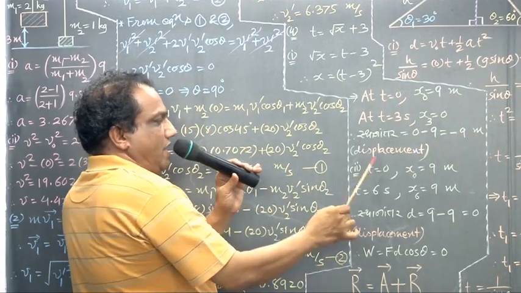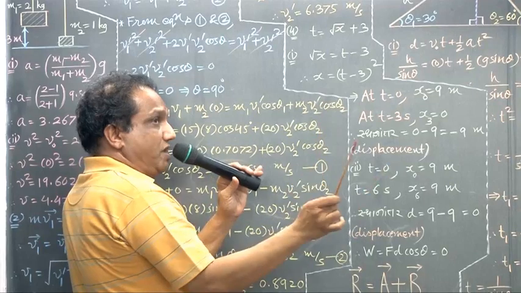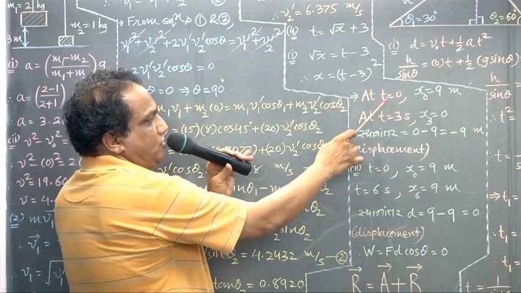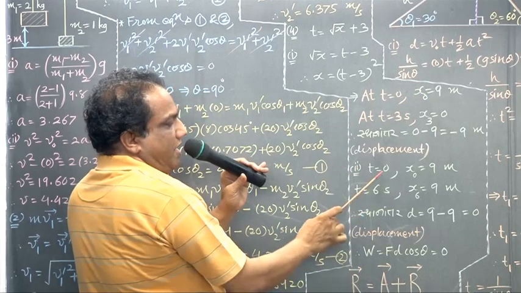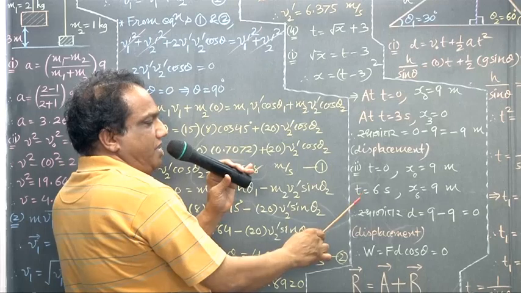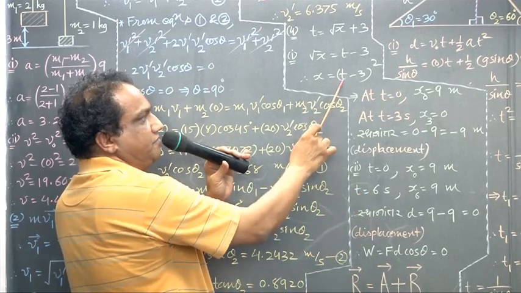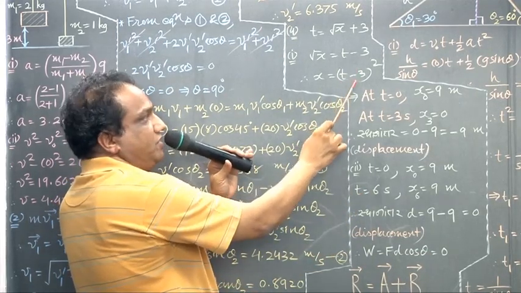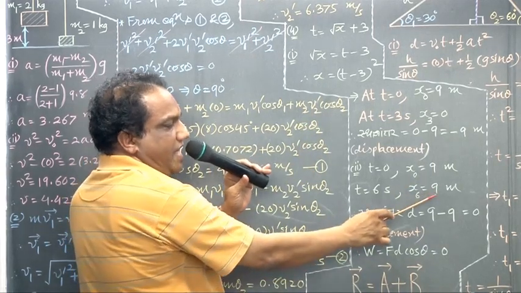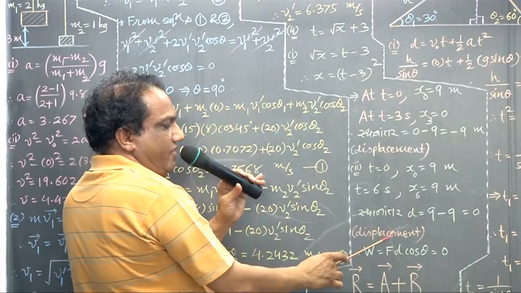Fine. Now they have asked amount of work done in first 6 seconds. First at t equal to 0, x0 is 9 meter. And now you take time t equal to 6 seconds. Put it here. 6 minus 3 is 3, 3 square is 9. So x6 is 9 meter. Now what do you find out?